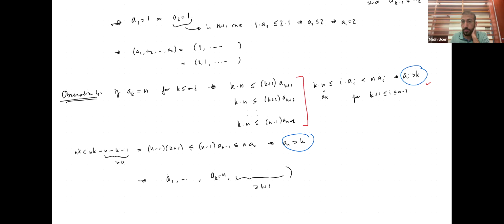So this gives, well, since i is less than n, a_i is greater than k. And for the last entry, you can compare with the previous one. n times a_n is at least n minus 1 times a_(n-1), but the previous entry itself is at least k plus 1. So if you write this, you see this product is greater than n times k. So a_n, the last entry, must also be greater than k.